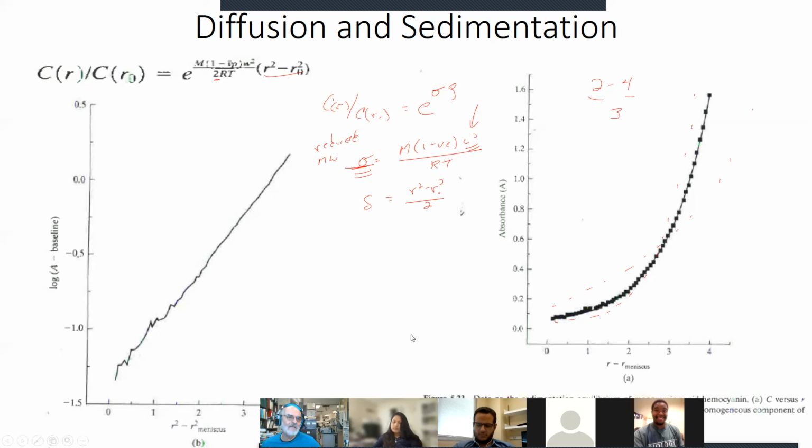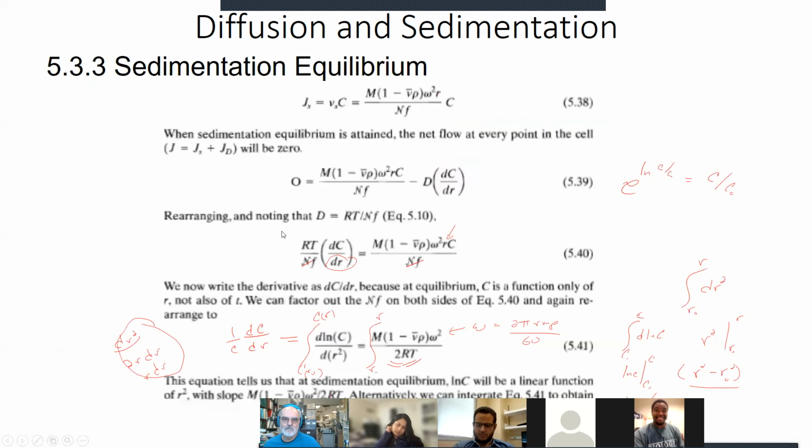If I plot this as natural logarithm of C versus R squared, that's the equation for a straight line. The slope of the straight line gives me the molecular weight.